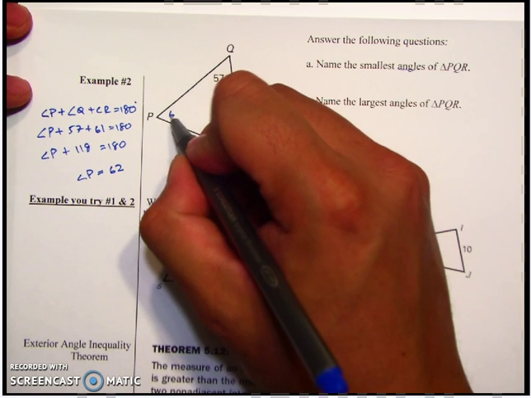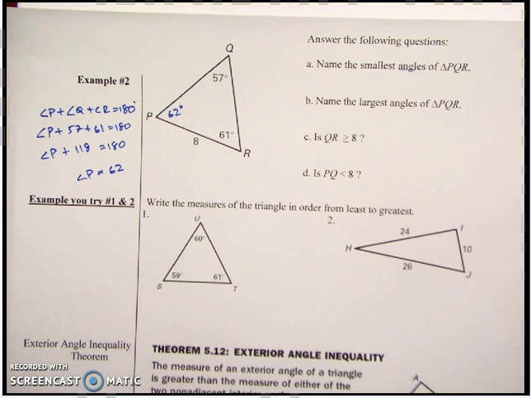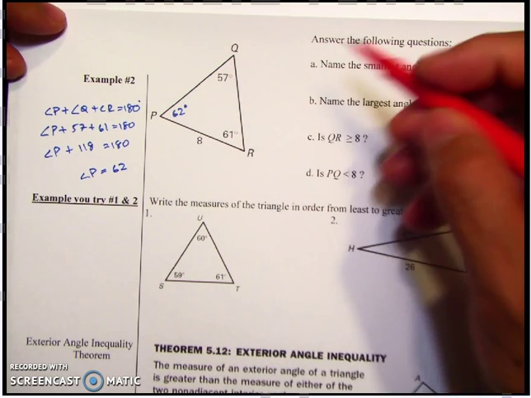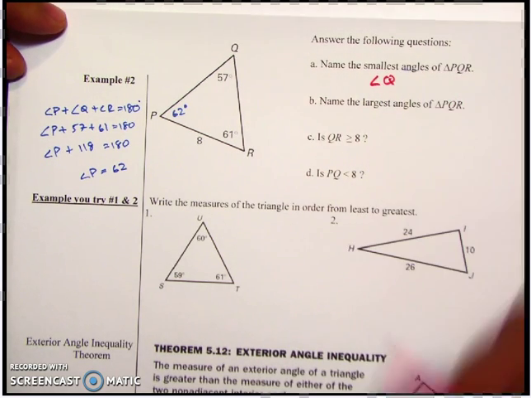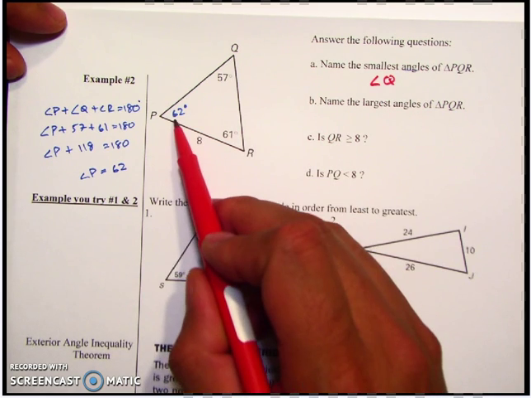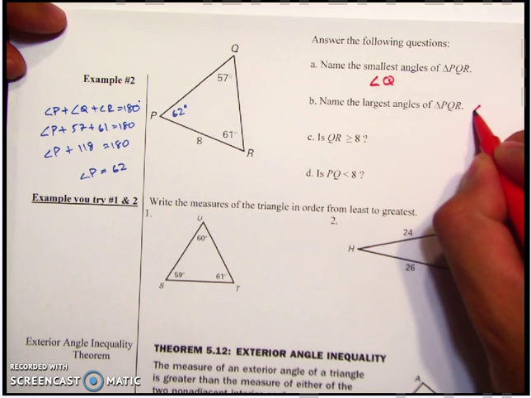So right here is 62 degrees. Now we have all information, now we can figure out which one is the smallest angle. So it looks like the smallest angle is 57, so that's angle Q. That's the name of the largest angle. See that, 62, so that'll be angle P.